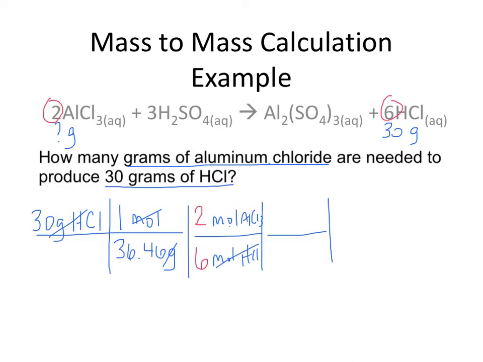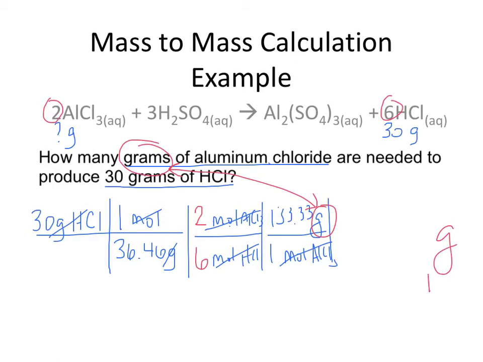So in order to cancel out moles, we have to have moles of AlCl3 on the bottom. That's 1, and there are 133.33 grams in 1 mole of AlCl3. Our moles are canceled. We're left with grams. Fortunately, that's what we want. They match. Okay, so we're left with grams of aluminum chloride.